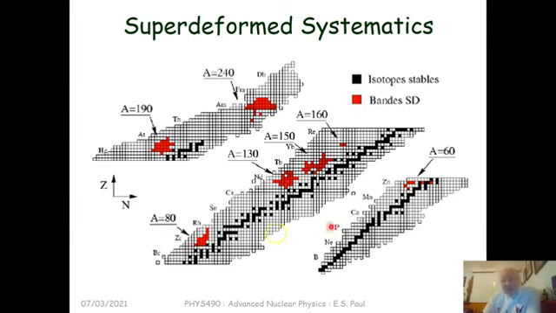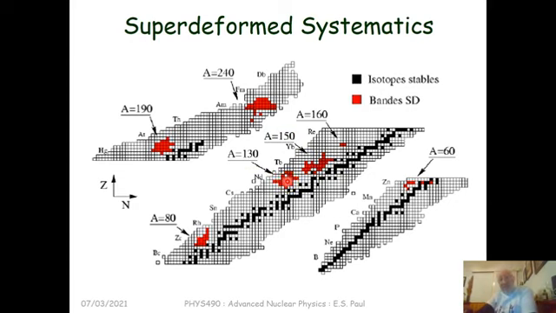And just to show you that these super deformed bands, or bands with enhanced deformation, do occur in several regions of the chart of the nuclides here. So we talked about dysprosium, that was dysprosium 152, so that's in this region here. And then I showed you the cerium, which is in this region here.